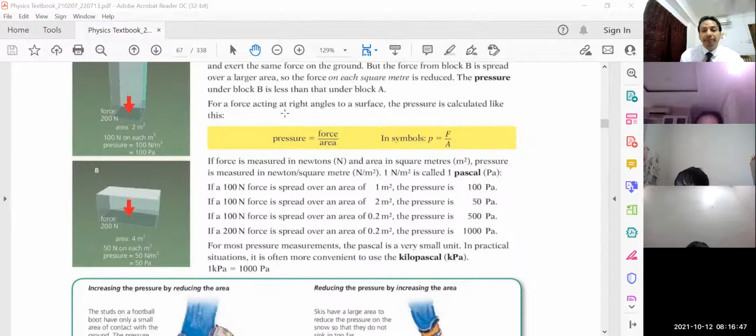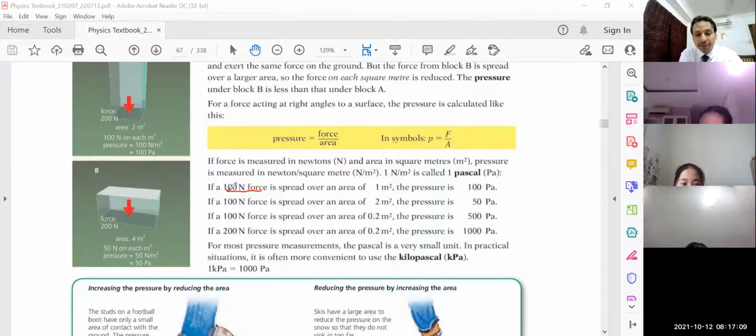Let me move ahead, children. After talking about the equation of pressure, let us try to understand the relation between force and area, meaning how force and area impact the pressure. So children, here some information is given.